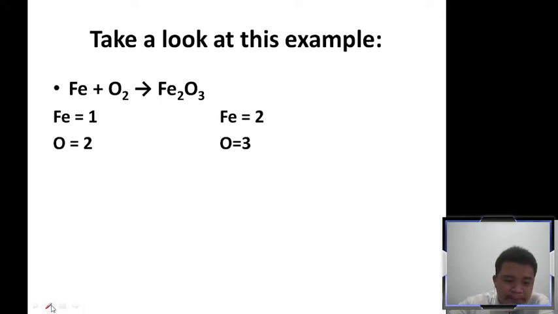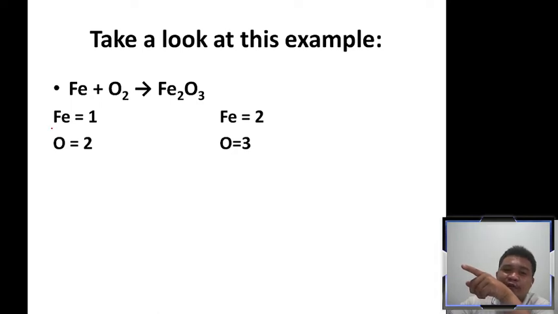is that, let me first choose my pen. We did an accounting a while ago. Fe and O is 1 and 2 here, and on the other side of the equation is 2 and 3. First and foremost, I would like to take a look at Fe first, because as I've said, before I could balance the oxygen, I need to first look at other elements aside from oxygen or hydrogen, right?